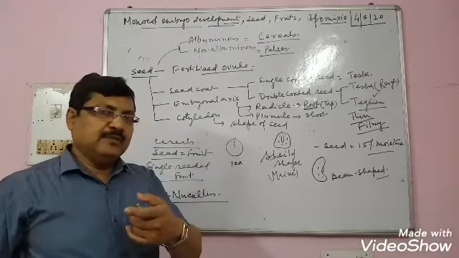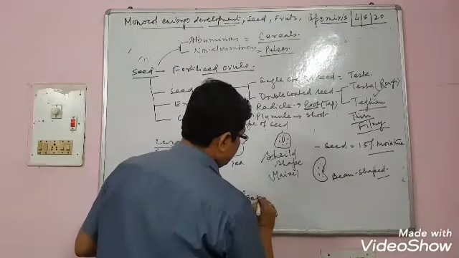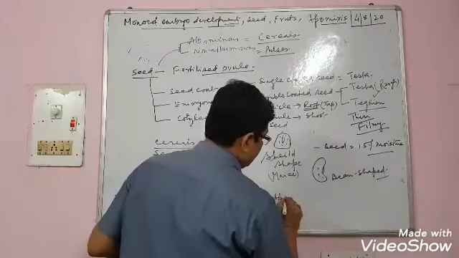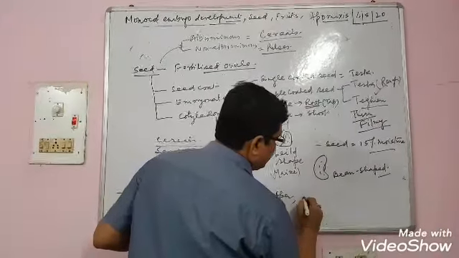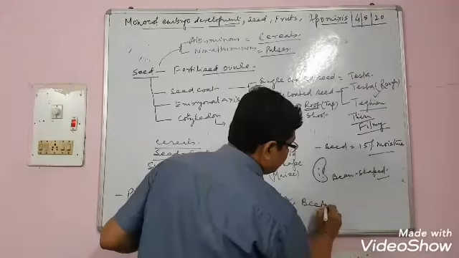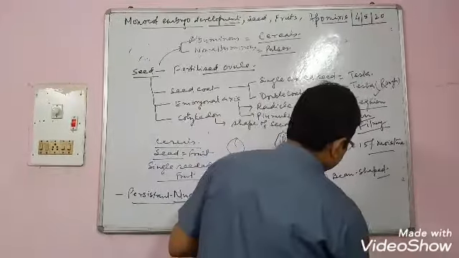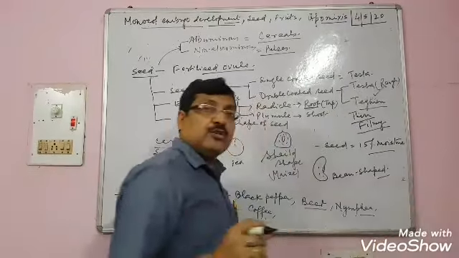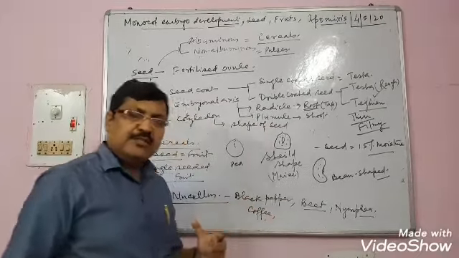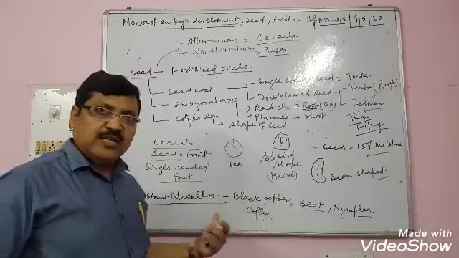In case of black pepper, coffee, beet, in case of nymphaea, in case of cardamom, these seeds have the persistent nucellus.